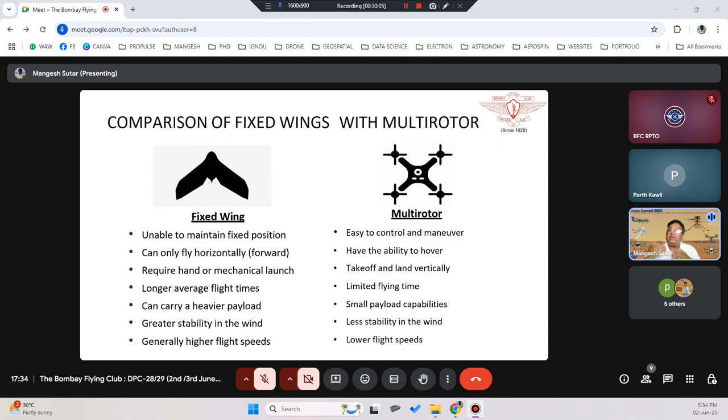We cannot use third-party mission planner software with commercial drones or type certified drones. They have their own mission planner software, which we need to purchase. But I can show you the mission planner software on my laptop, how it looks and feels. Have you used mission planner software earlier? No, sir, I haven't ever used it. Okay, I'll try to show you, or I'll share some content with you guys.